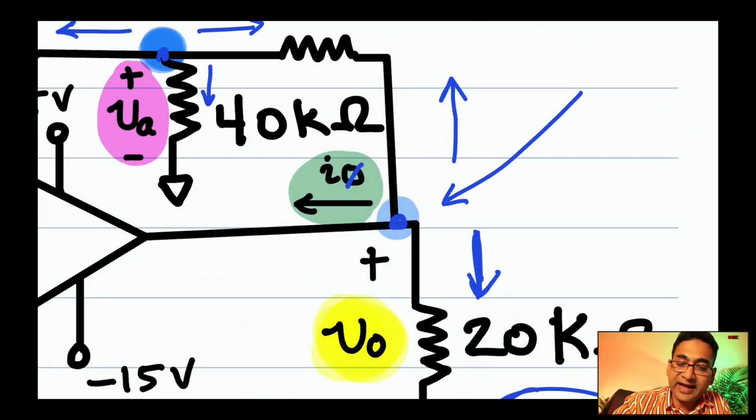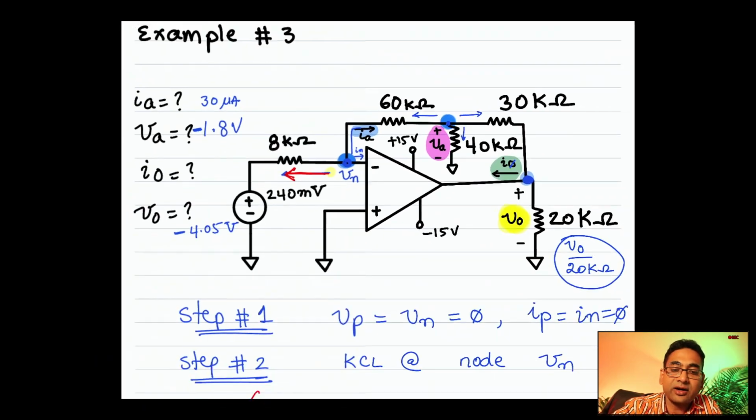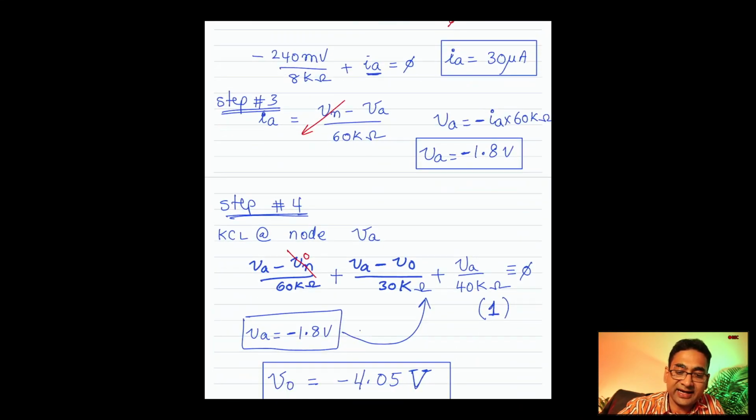We are writing KCL at this node. We plugged in an expression for current going south. We also plugged in an expression for current going north. Then there is this IO going west. So that includes all the currents leaving that node when we are writing KCL at that node.